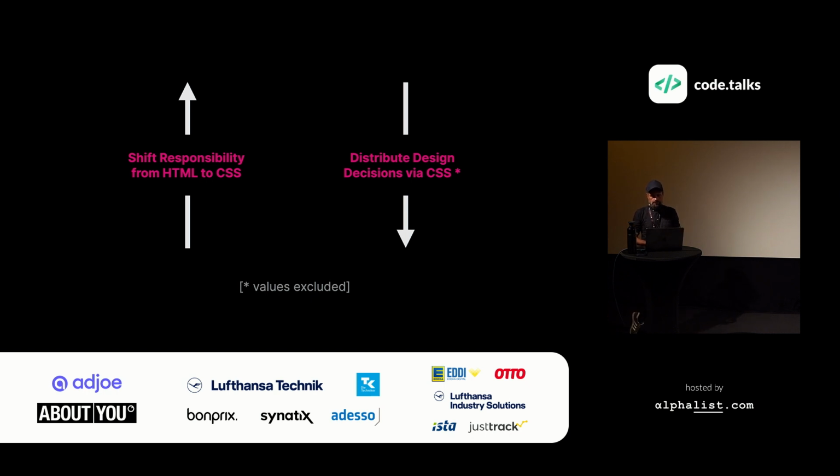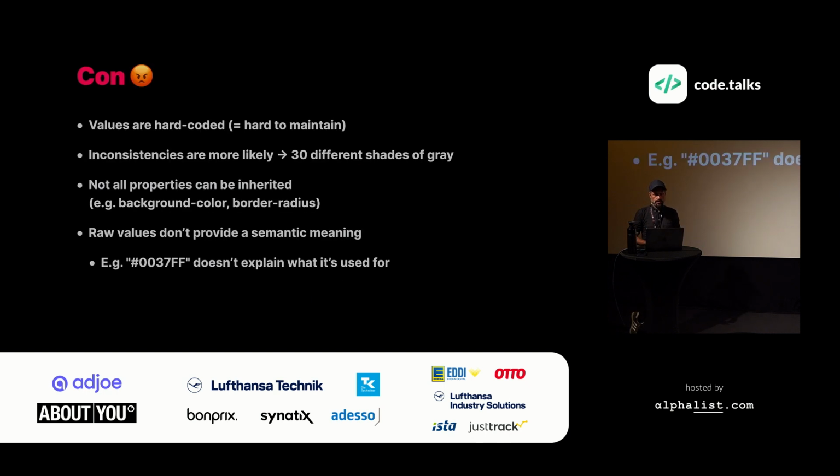An important thing to note, it's not perfect yet because we still have big inconsistencies at value level. If you have hex color values and have to reapply them over and over again, there may be inconsistencies. That's definitely a thing.